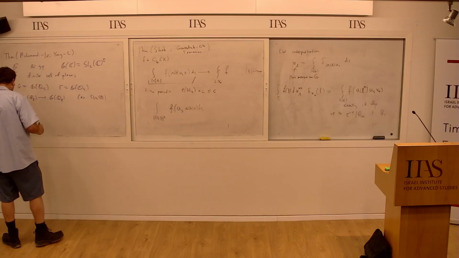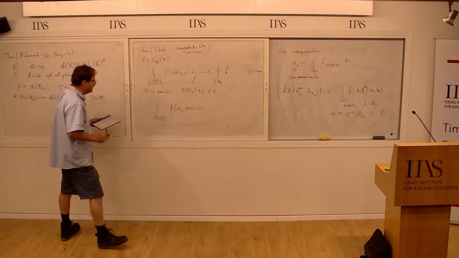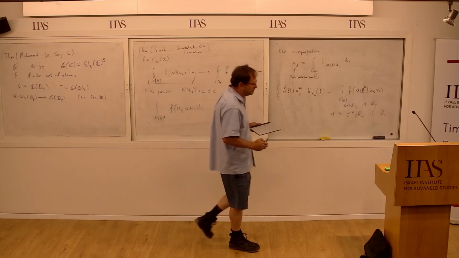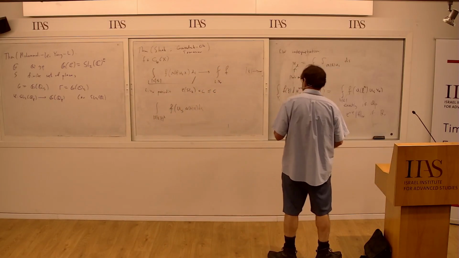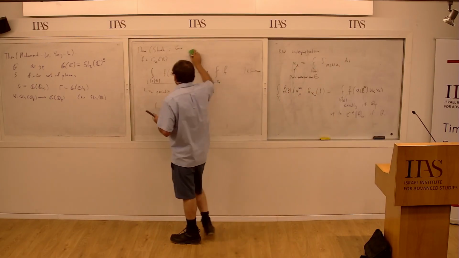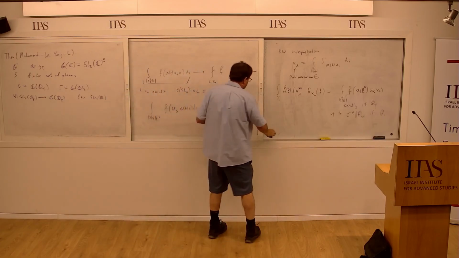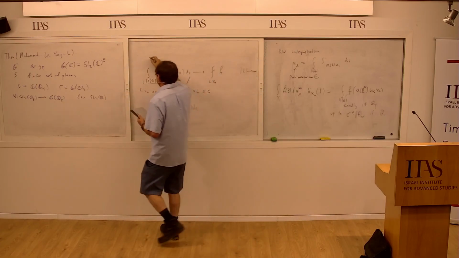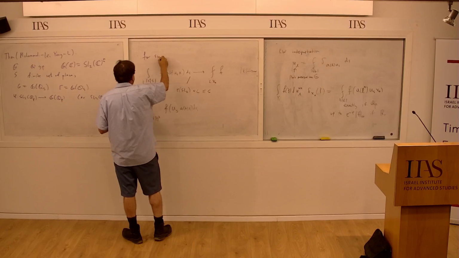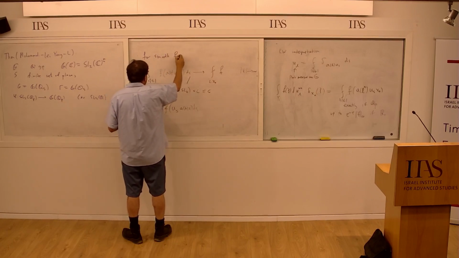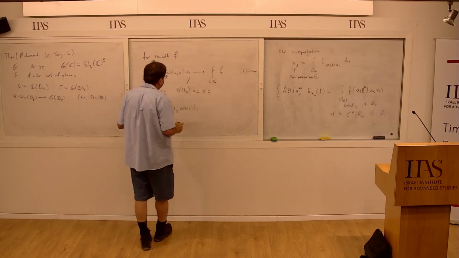And then we have U_S, T as before, and this is actually quite convenient for smooth, compactly supported f.